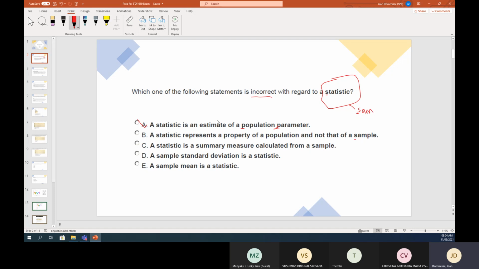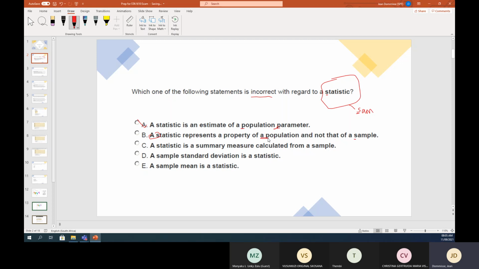Normally we'll say if it's unknown, we don't know something, and that is all to do with if we have the information of a population parameter. A statistic represents a property of a population and not that of a sample.